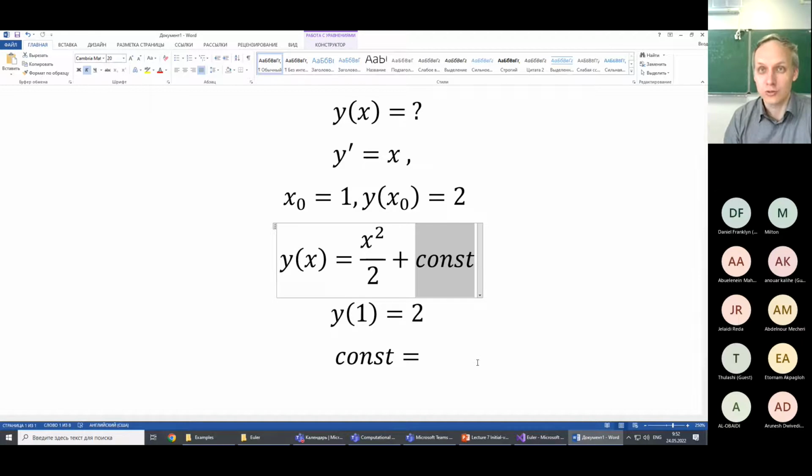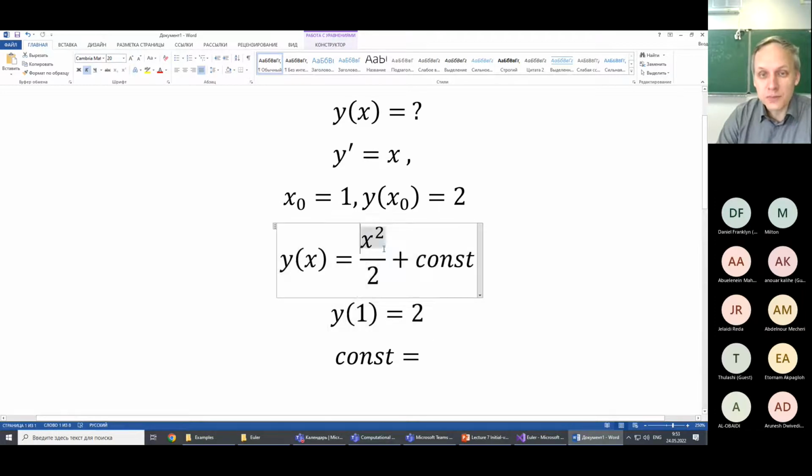Constant cannot be x. What is the value of the constant that satisfies this condition, y of 1 equals 2?